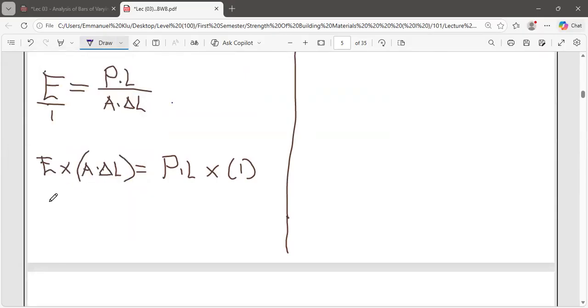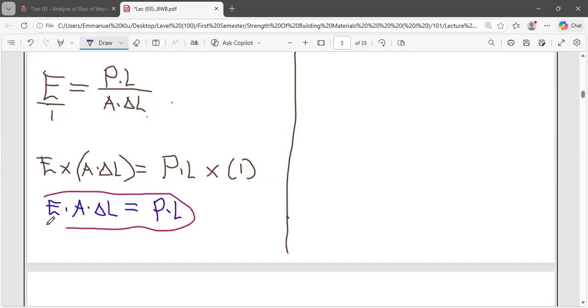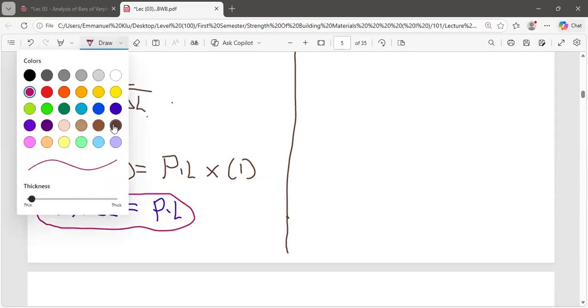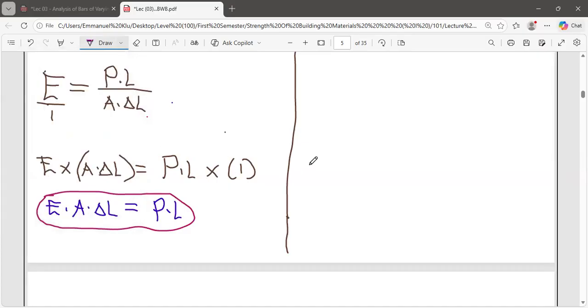So this is now going to become E times A times change in length is equal to PL. So if I want to make my change in length the subject, what do you think is going to happen? I divide both sides by whatever you are seeing. If I divide both sides by E times A, then finally my change in length is going to be equal to what?